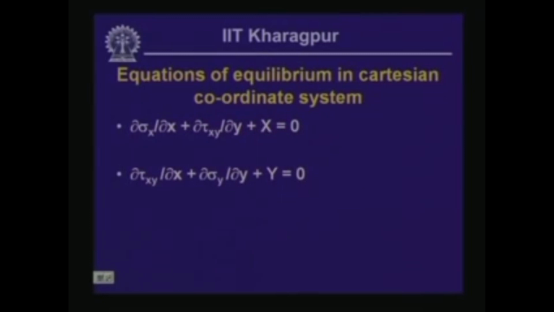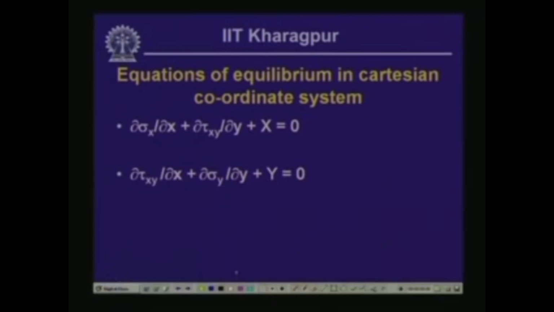Well, the equations of equilibrium in Cartesian coordinate system are: del sigma x by del x plus del tau x y by del y plus X equals 0, and del tau x y by del x plus del sigma y by del y plus Y equals 0, where X and Y are the body force components.